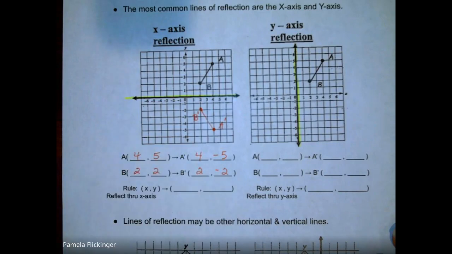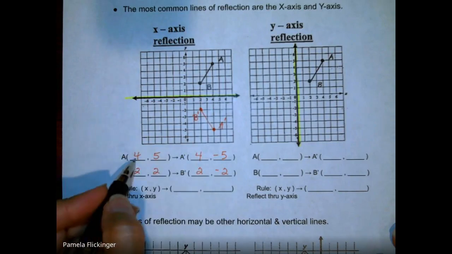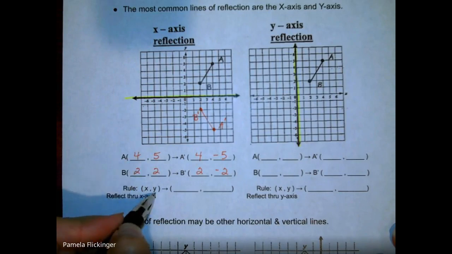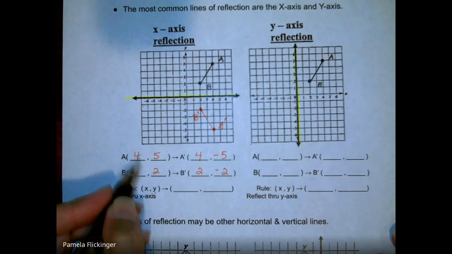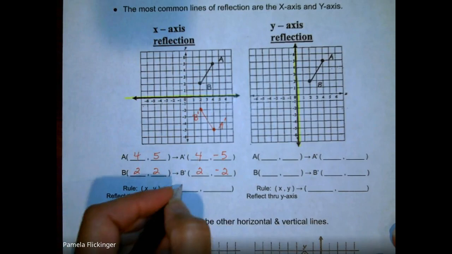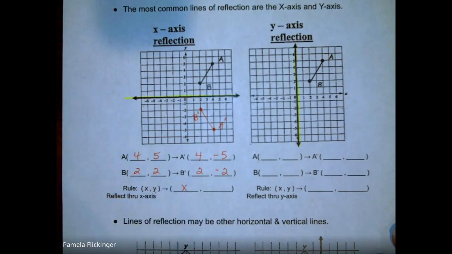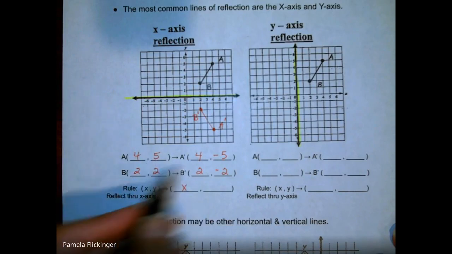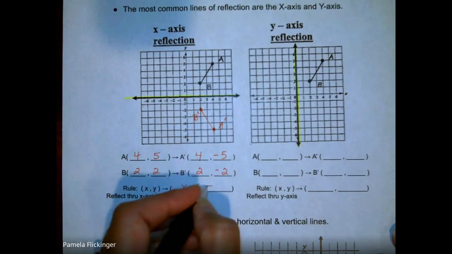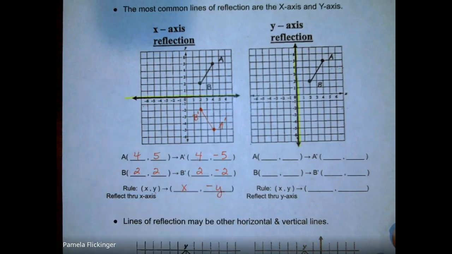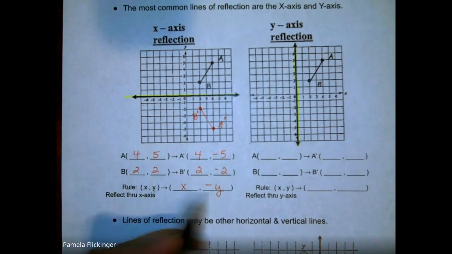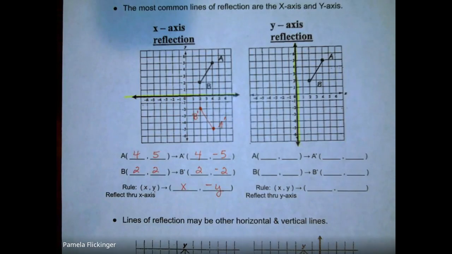So I hope you can see what happens if you take any ordered pair (x, y). The x coordinate stays the same, so x stays x, but the y coordinate becomes the opposite. So that is how you would write the rule when you're reflecting through the x-axis. The x stays the same, the y becomes the opposite.